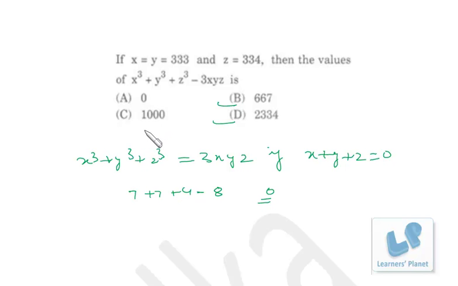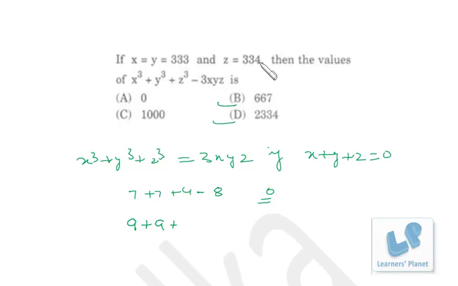And if you are not able to proceed further after the unit digit, then you can even go for the digital root, right? Now for x cube, the digital root will be 9 because x and y, both of them are multiples of 3, right? So if they are multiples of 3 and they have a power more than 2, the digital root will be 9. So the digital root over here is 9, and over here is 9.